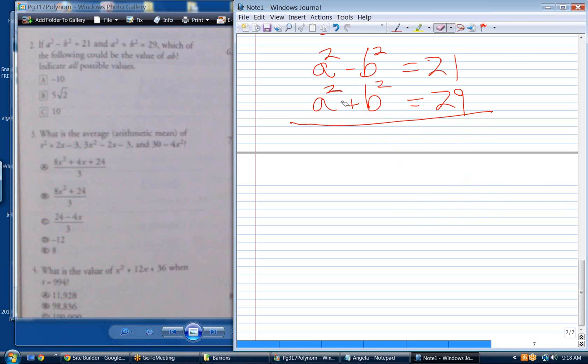I can take the second equation and subtract the first equation from it to get what? In other words, if I call this equation 2 and this equation 1, and I start with equation 2 and subtract equation 1, what do I get?